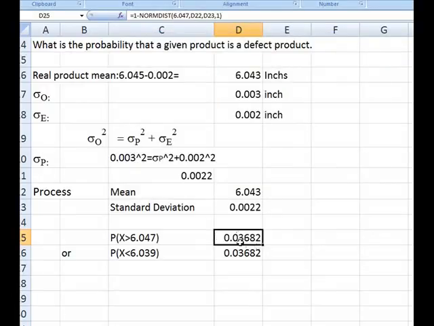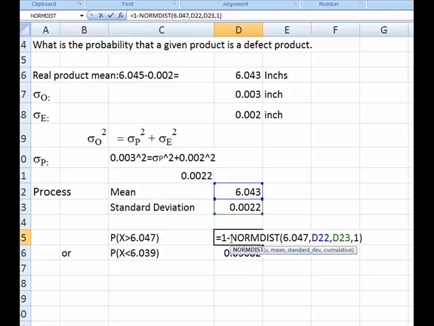And this is the probability of x greater than 6.047. Remember, if you want to use the normal distribution function in Excel to get the probability of x greater than a specific value, you need to always use 1 subtract this function.